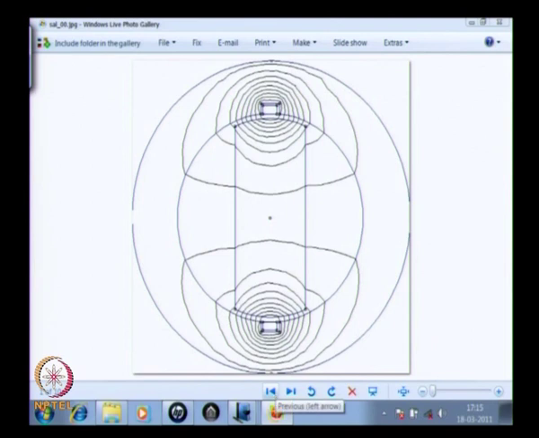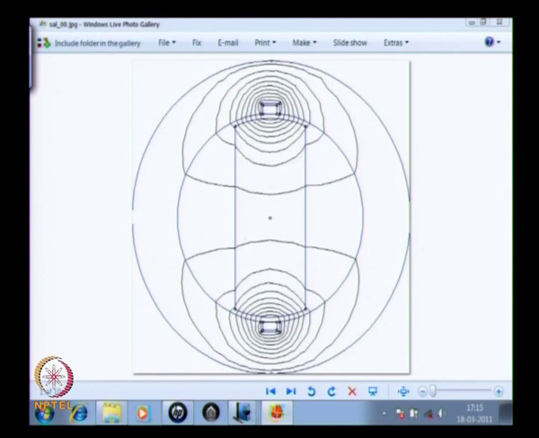So here you have some pictures of how the flux lines are going to look like in the case of a salient pole rotor and a cylindrical stator. You can see that the stator is cylindrical, this is your cylindrical stator, and here you have the salient pole rotor.